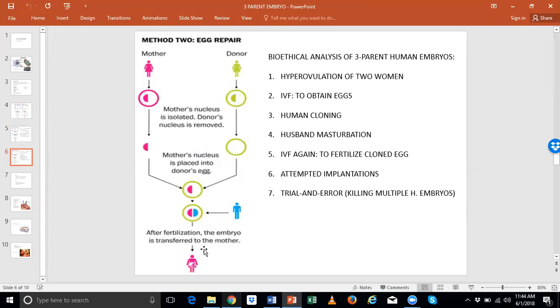And then the attempted implantations. So all these steps can be questioned ethically, and where's the justification? Has the embryo been consulted in all this? Absolutely not, right? Again, the husband/father to be here gets away scot-free. All the burden ends up always on the women, all right? All the burden is on the women.